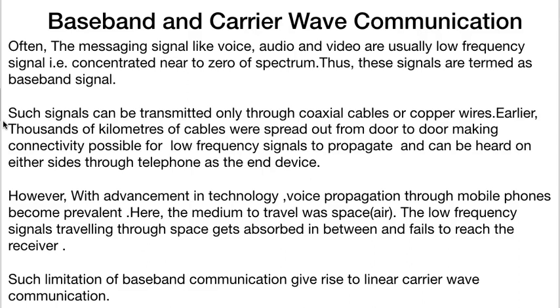Similarly in the frequency domain, the x axis is represented by the frequency f axis, and the y axis is the amplitude axis. So that's the spectrum. Thus, signals concentrated near zero of the spectrum, which have low frequency content, are known as baseband signals. Such signals can be transmitted only through coaxial cable or copper wires.